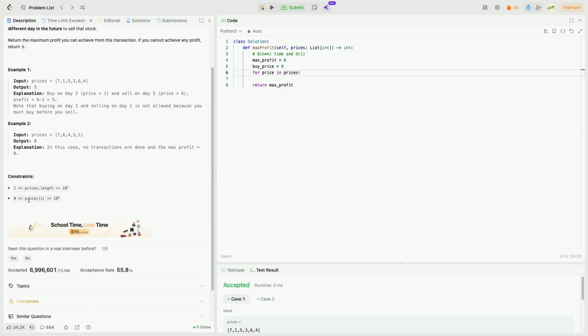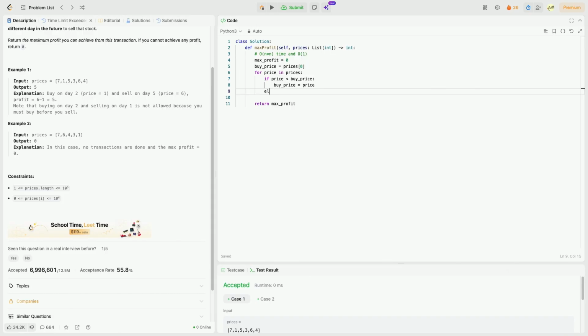Well, we're guaranteed to have at least one element in prices, so let's just pick the first element. Now we do a little check: if price is smaller than buy price, we're going to update our buy price to be price.